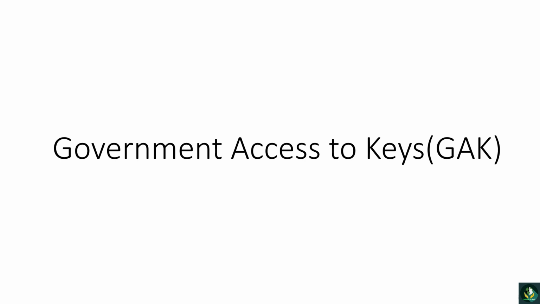So this topic has, let's say, always been a challenging topic. There are two sides to this coin, and both sides are right. It's an argument and a discussion that hasn't gone away for a very long time, and I'm going to give you a couple of recent examples. It's government access to keys, GAK for short.